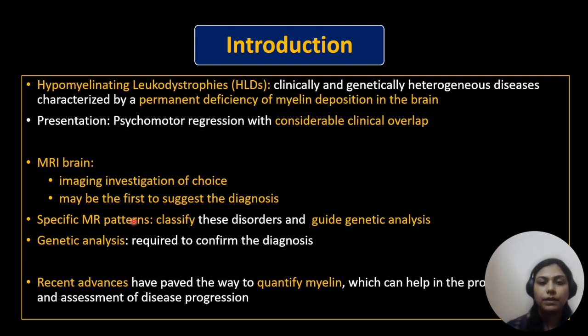Specific MRI patterns along with clinical clues help to classify these disorders and guide genetic analysis, which ultimately is required to confirm the diagnosis. Moreover, recent advances have paved the way to quantify myelin, which can help in prognosticating these disorders and assess disease progression in the near future.